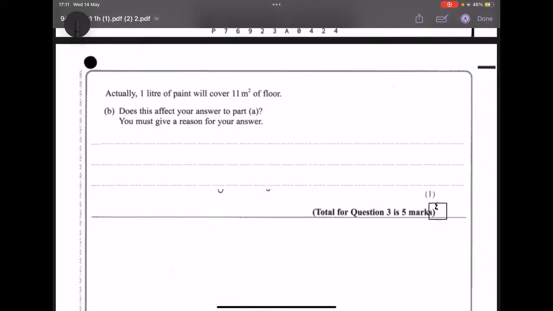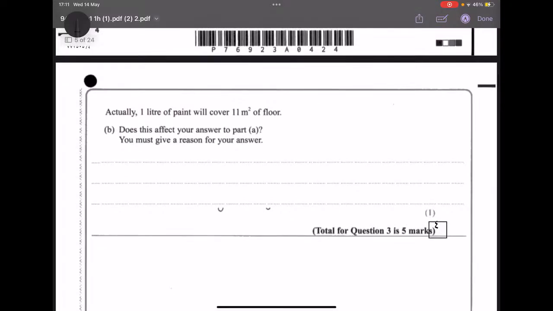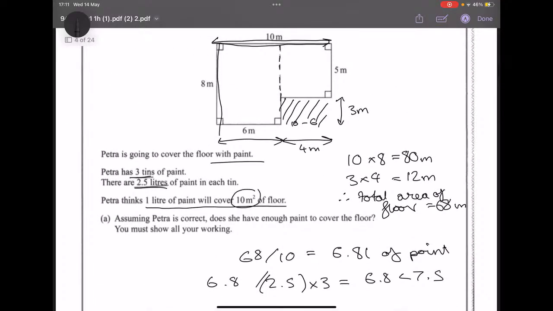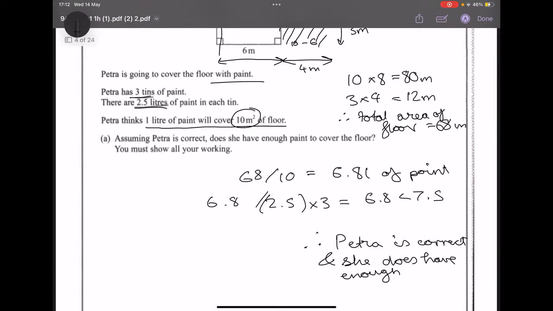However, part B now asks us, 1 liter of paint will actually cover 11 meters squared of floor. Will that affect your answer given in part A? Now in the question above we had 10 meters squared of paint.